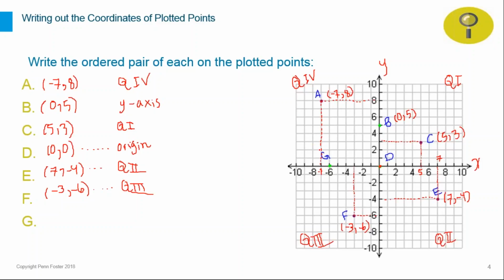G, the last point, which is here on the x-axis, without thinking a lot, y would be a 0 because it seems that we're not going to go up or down. So y would be a 0. What about the x? The x is a -6 because that point lies right on the -6 on the x-axis. So -6 and 0, and that is on neither of the quadrants, that is on the x-axis.